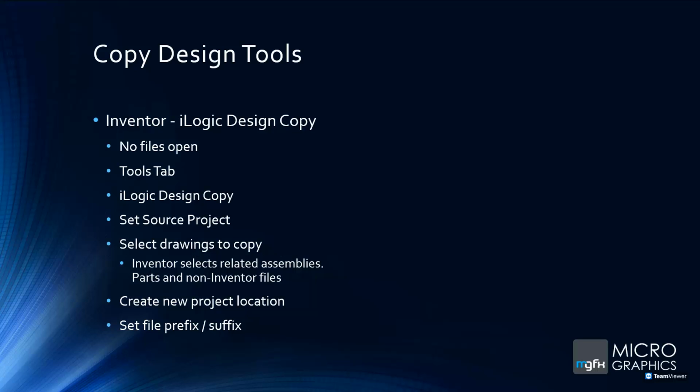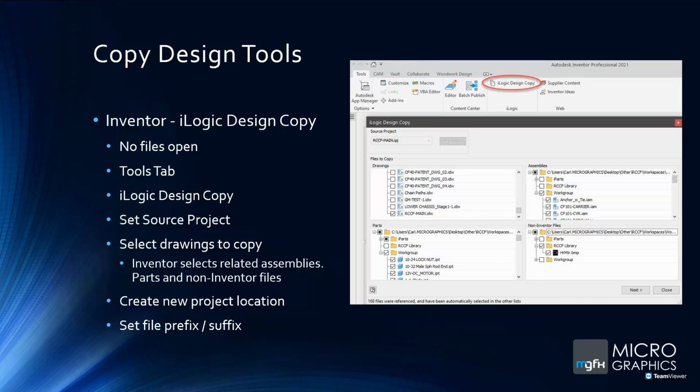Then we look at the last one, which is built into Inventor, the iLogic design copy. Basically, when you launch Inventor without any files open, you can go to your Tools tab, and there is an iLogic design copy option, which brings up the design copy window that we see here on the right hand side.